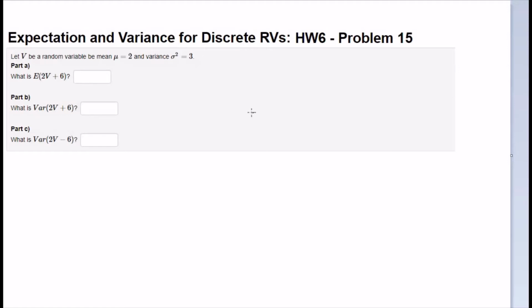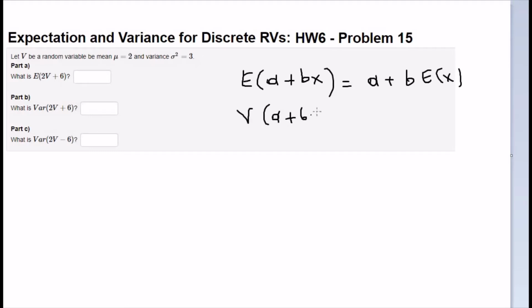Problem number 15. We were given expectation mu 2 and variance as 3. So we're going to compute this. Let's remember the formula. Expectation of a plus bx is equal to a plus b times the expectation of x, and variance of a plus bx is equal to just b squared times the variance of x.